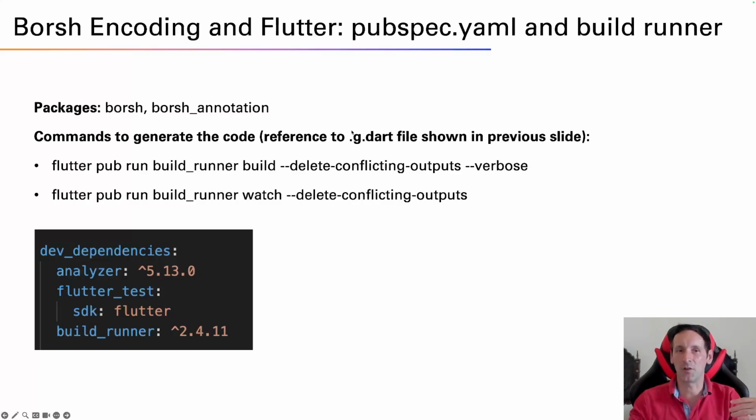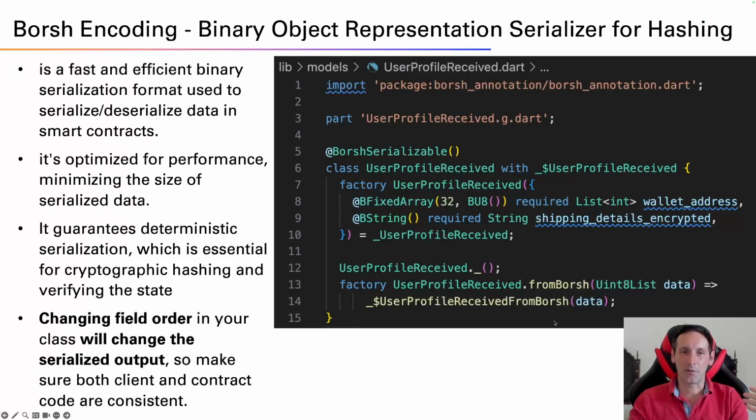generated .g.dart file, which includes one of the things I actually forgot to mention. There is this from Borsh method, which, as you can see from this definition here, allows the deserialization of binary data, which is basically this one that you see here, Uint8List, and received.